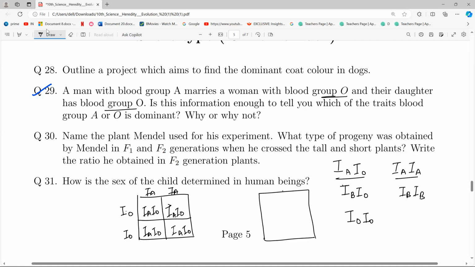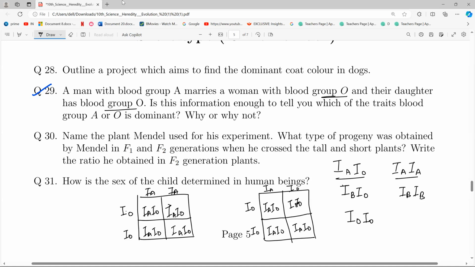For example, if the mother has O blood group, this will be IO, and the father has heterozygous A, so IA and IO. When this is multiplied, you will get IA, IO, then IO, then IO.